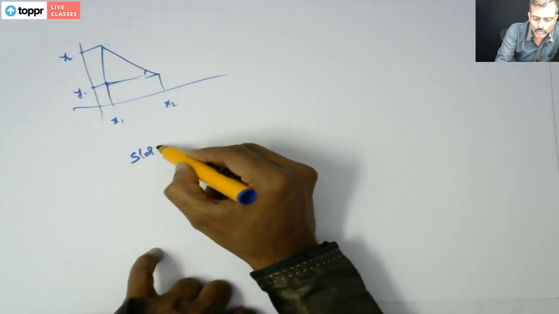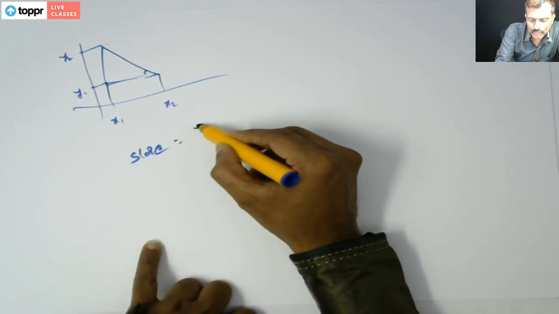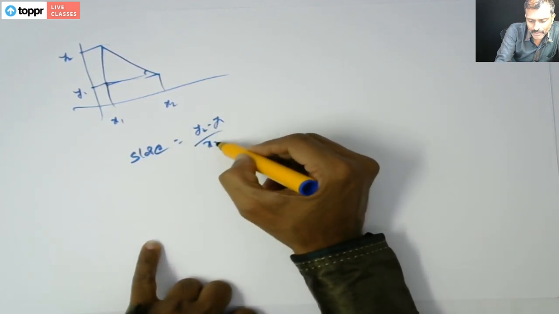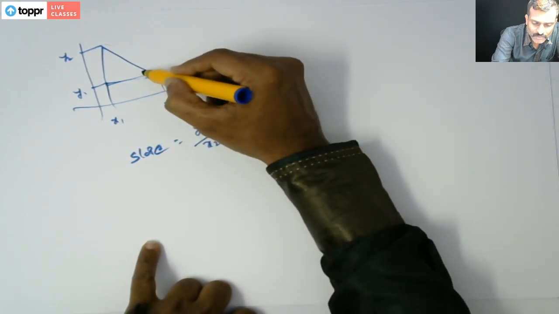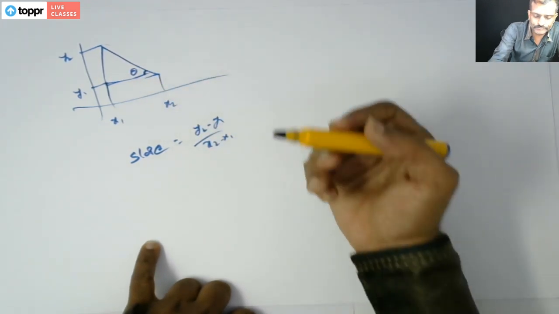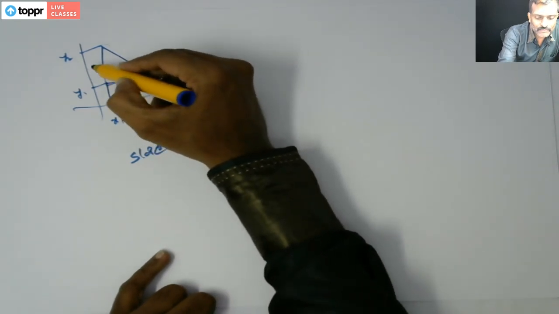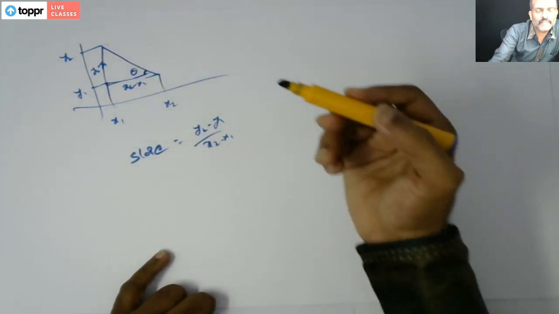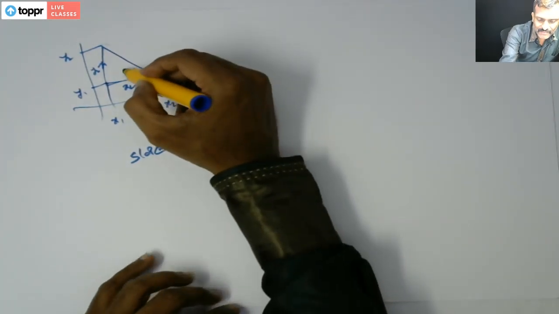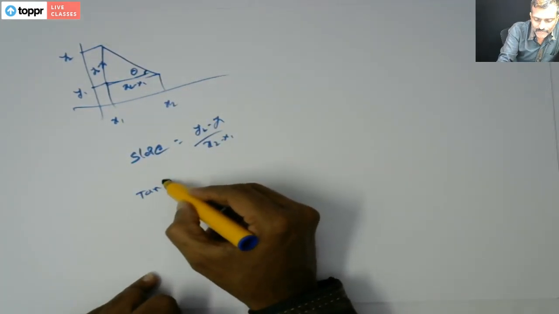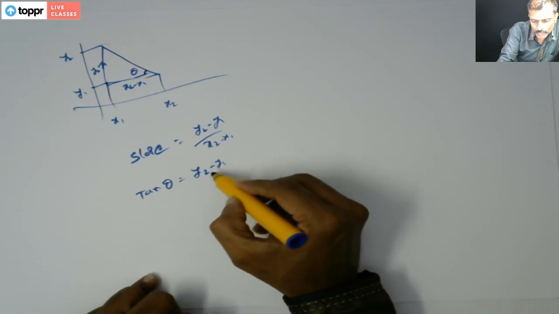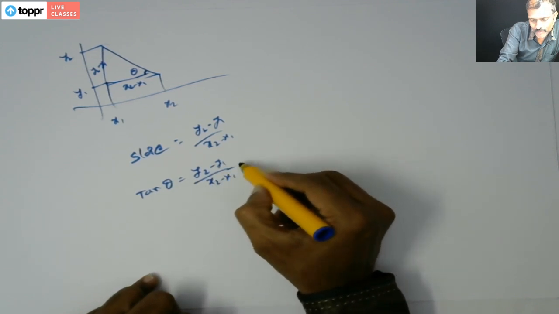So slope is equal to y2 minus y1 by x2 minus x1. Let us assume this is making an angle theta with this line. So this one is x2 minus x1 and this one is y2 minus y1. In this triangle, tan theta is equal to y2 minus y1 by x2 minus x1.